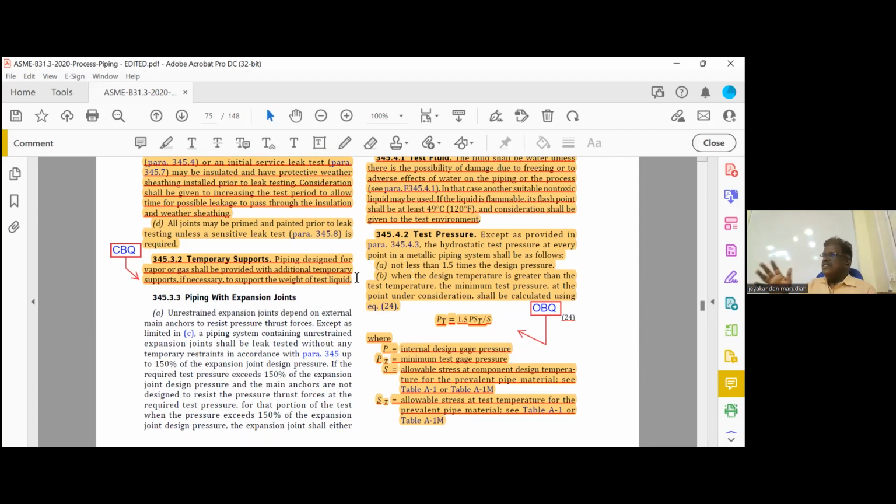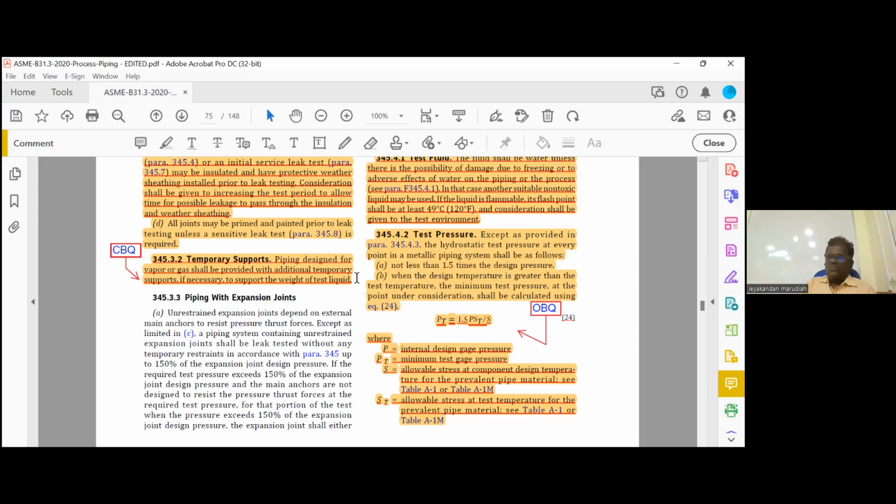Test temperature, generally up to 100 degrees Fahrenheit, they will not give in the exam, because that is the test temperature. The first column, that is for A106 Grade B, 20 ksi we have to take. Design temperature they will give in the exam question. Now, when you pressurize it, hold for 10 minutes, then reduce the pressure to the design pressure, then go for inspection. That is the code rule. But generally during that time also people will do the inspection.